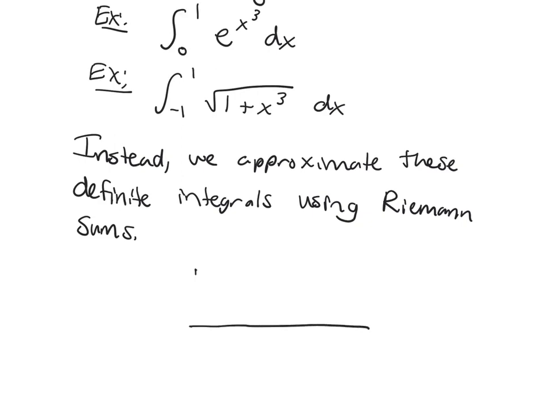So let's say this is my x-axis here, and I want to integrate between a to b some kind of function. So let's say my function just looks like, I don't know, that. Remember that the definite integral corresponds to the area underneath the curve from a to b.